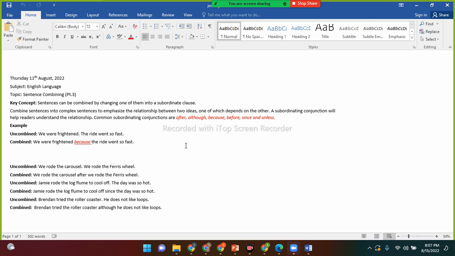We didn't do a lot. We just did what, three examples of combining sentences using subordinating conjunctions.